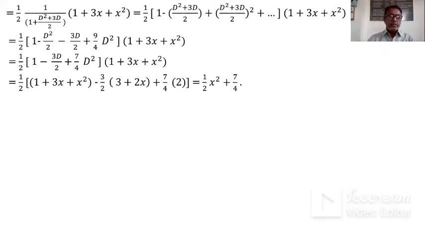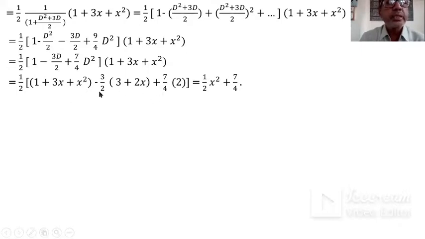We get this 7 upon 4 and the second derivative of this, means first derivative of this is 2. Simplify this, we get 1 minus 9 upon 2 and plus 7 upon 2. Please check this calculation. There may be a change due to here we have to choose this as 4.